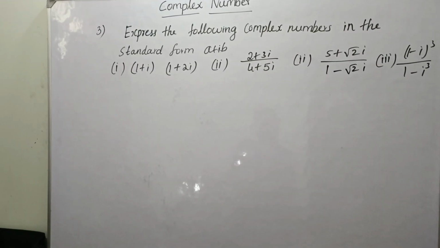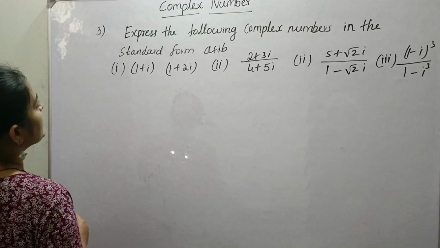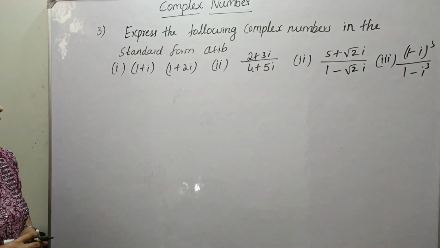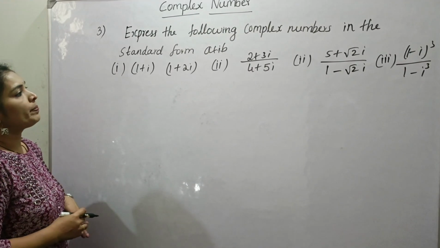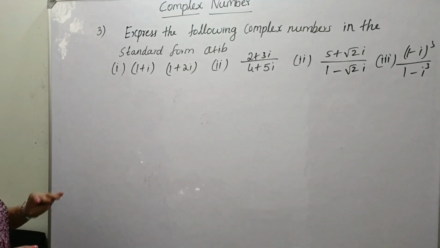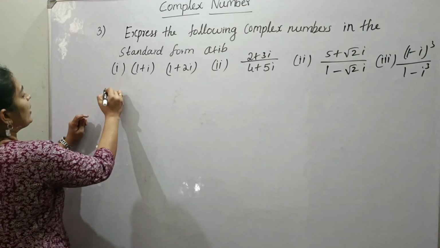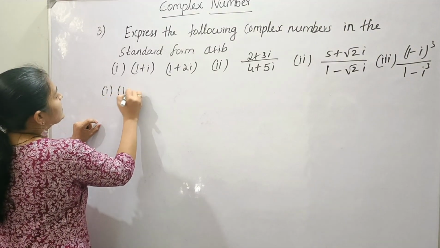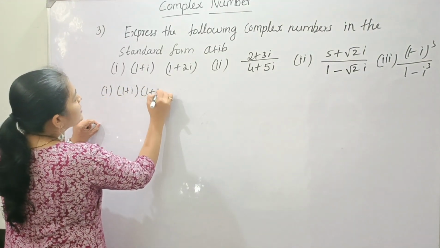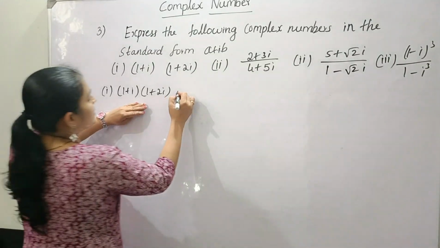See the next question. Express the following complex numbers in the standard form a plus ib. These are complex numbers, and we have to write them in the form of a plus ib. So first one, 1 plus i into 1 plus 2i. Expand this.